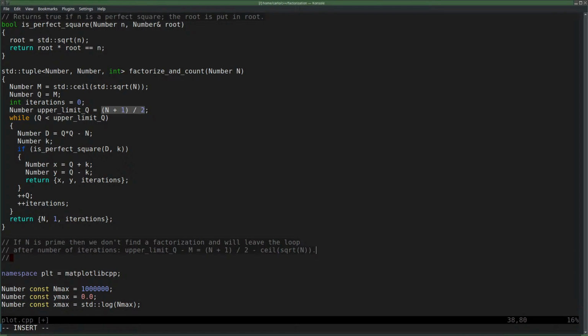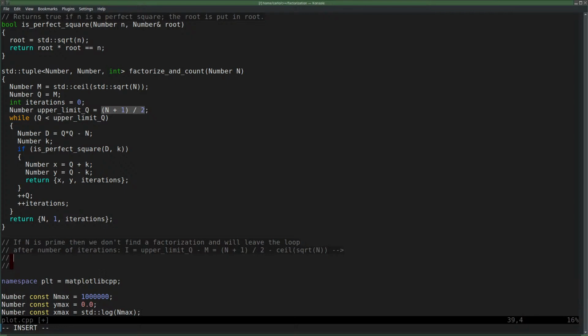Let's call the number of iterations I. 2i is n minus 2 times the ceiling of the square root of that. So left and right multiply by 2. Get 2i and then n plus 1 and then that. I didn't do the plus 1 yet, so plus 1.